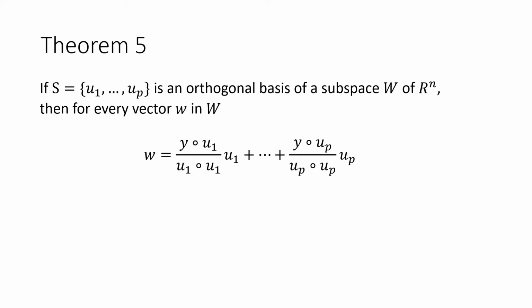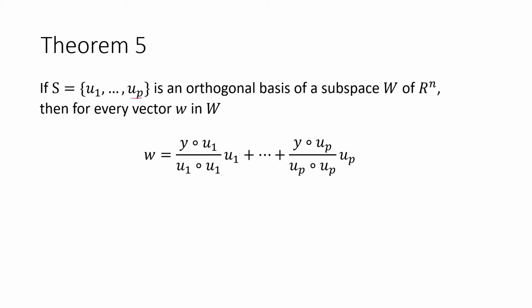In particular, here is one of them, Theorem 5. We've seen how if you have a vector, quite often you try to find the coordinates of that vector in terms of your basis. And when the basis is not your standard basis, you have to do some calculations. Well, if your basis is orthogonal, those calculations are a little bit easier.